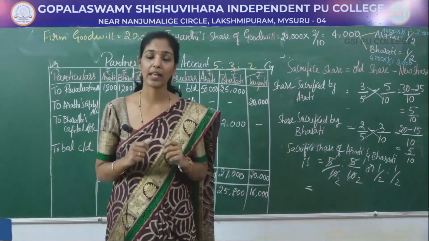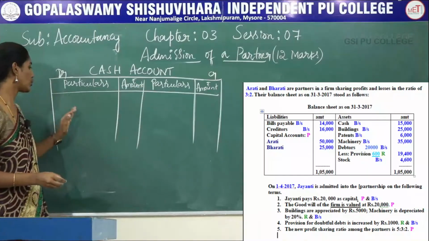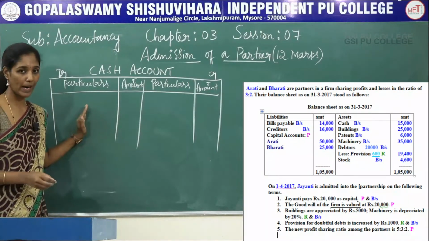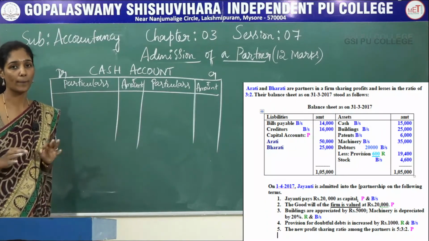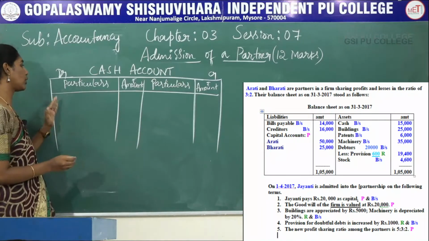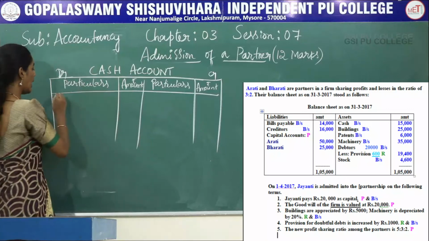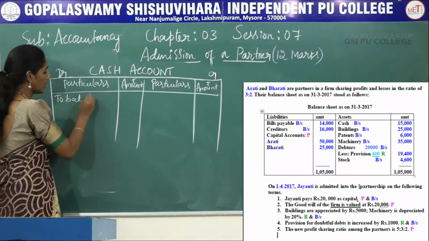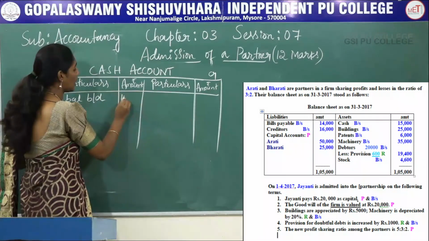Now let's prepare the cash account. First, you should record the old cash balance, which is given in your old balance sheet, on the debit side of the cash account as To Balance Brought Down 15,000.